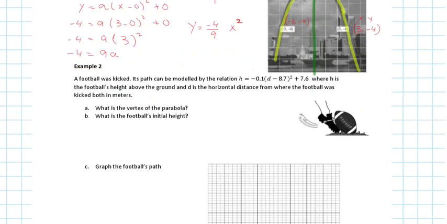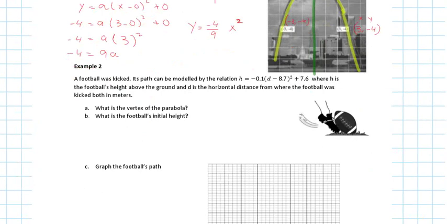So a football was kicked. Its path can be modeled by the relation h is equal to negative 0.1 (d minus 8.7) squared plus 7.6, where h is the football's height above the ground and d is the horizontal distance from where the football was kicked, both in meters.